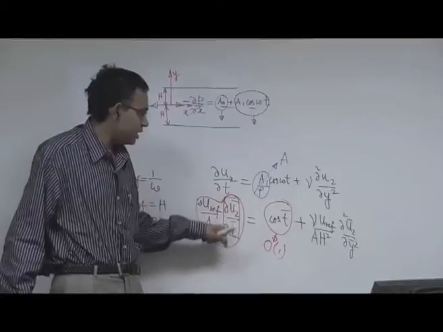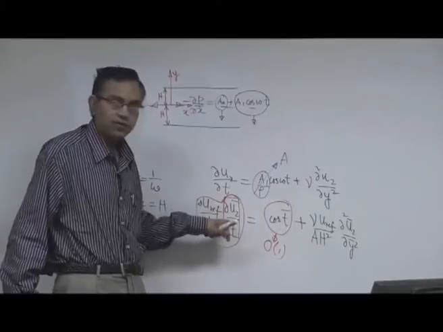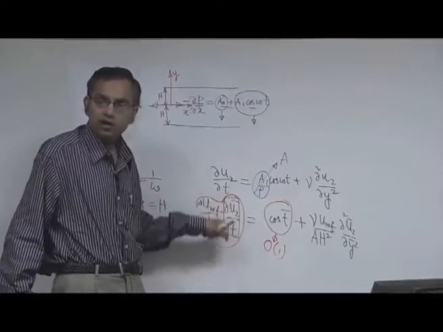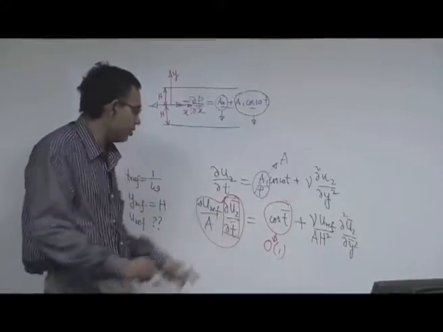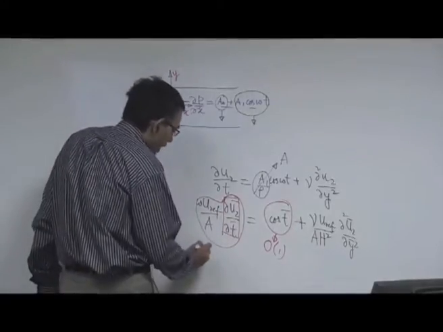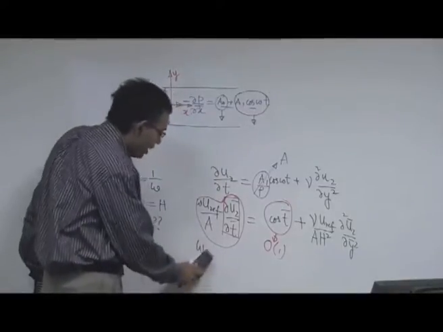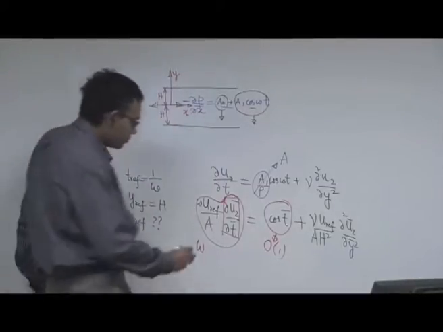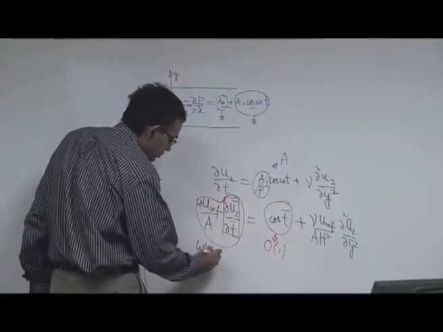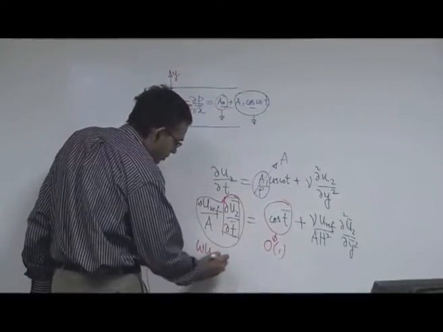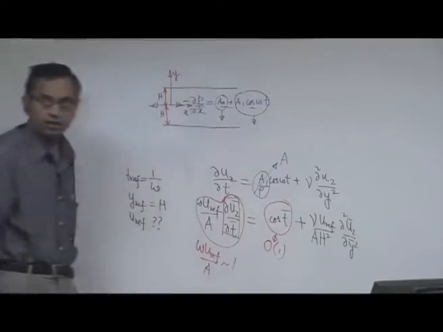So, this derivative is constrained to be of the order of 1. Therefore, you have omega into u reference by A is of the order of 1.